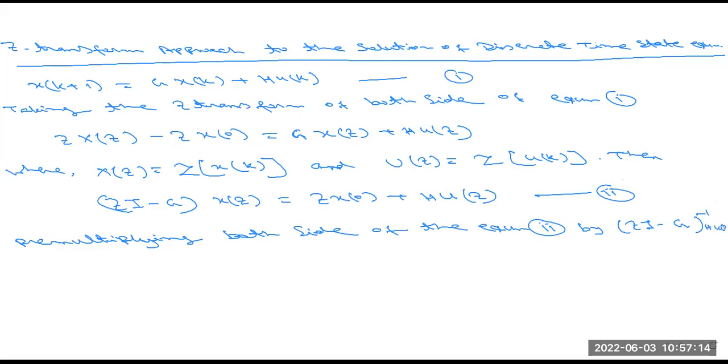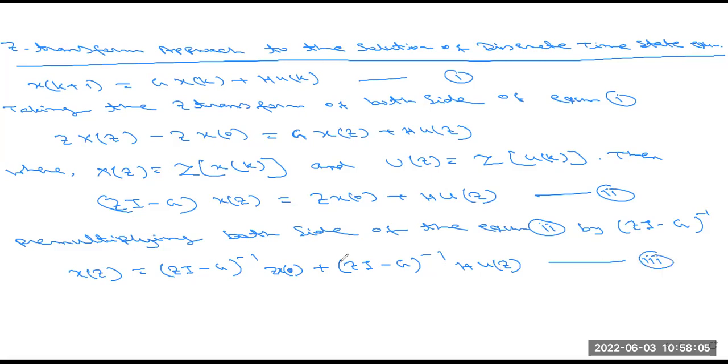So the equation will come as X(z) is equal to (zI minus G) inverse z x(0) plus (zI minus G) inverse H U(z). This is equation number 3.